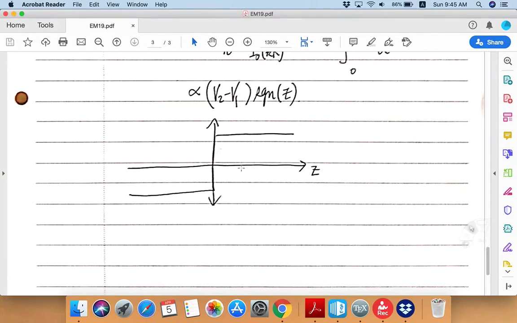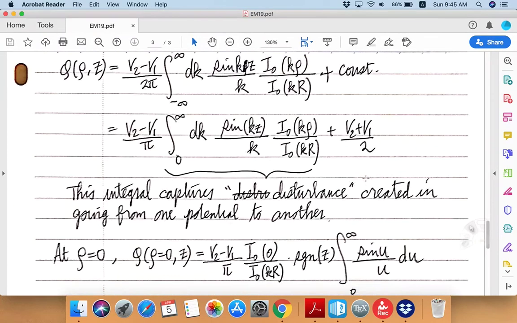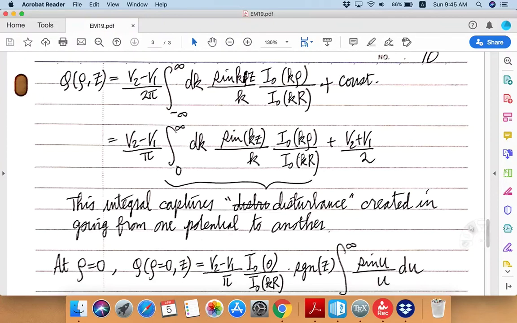There's a couple of unresolved issues, like what's the shape of this potential when rho is not equal to 0, but some finite value. And the other question is, what if we use the Bessel function instead of the modified Bessel function?